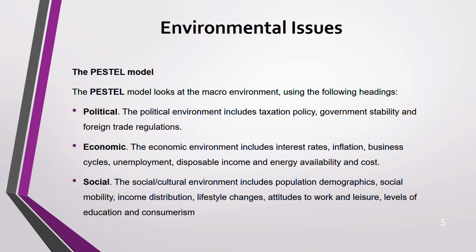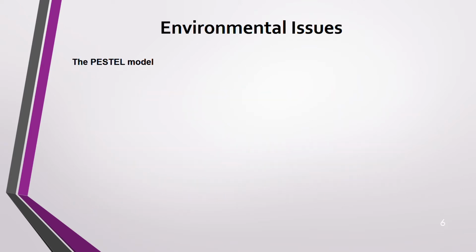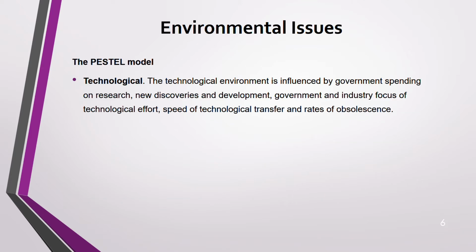Social, how your population demographics, your age-wise, your social mobility, your income distribution, high, middle class, low class, your lifestyle changes, your attitudes to work and leisure, your level of education, things like this. Next, technological. How the technology environment is influenced by government.